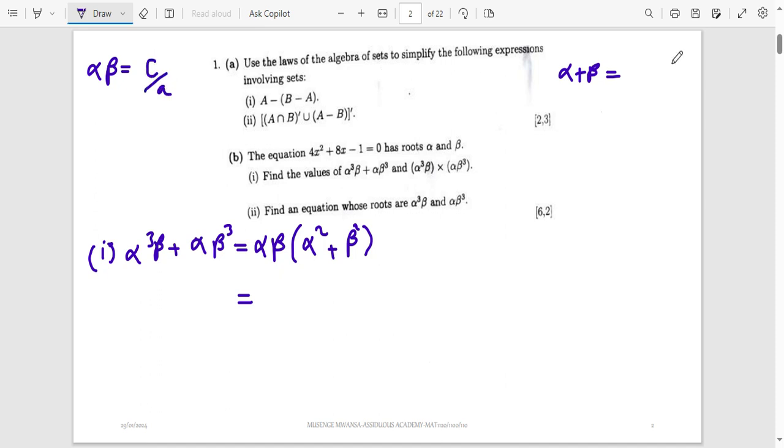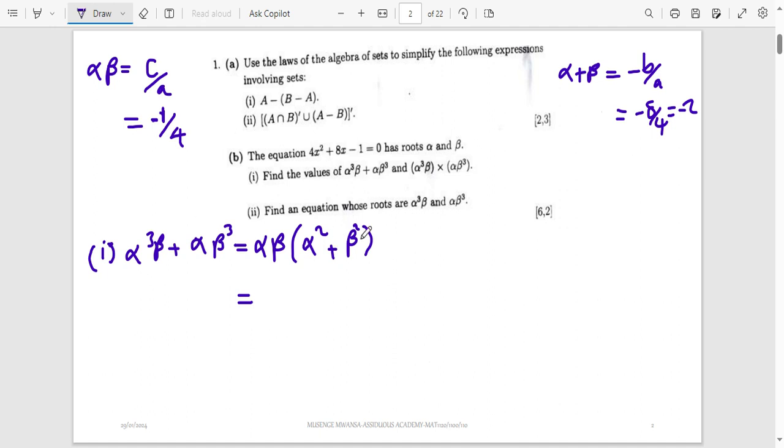C over A. And then alpha plus beta is negative B over A. So we'll go here. Our B is 8. Our C is negative 1. So we have negative 1 over A, which is 4. And on this side we are going to have negative 8 over 4, which is basically negative 2.